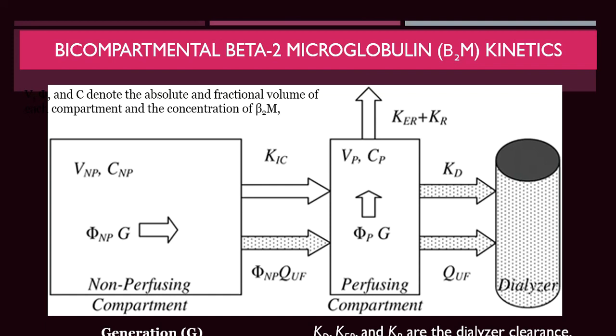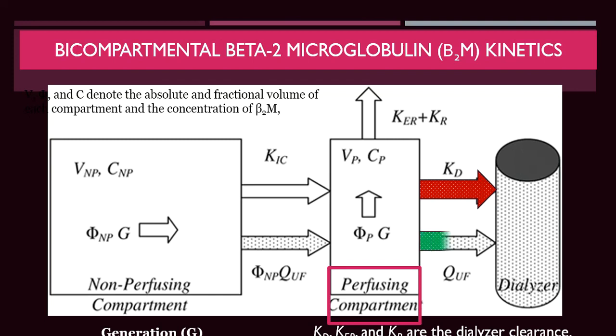The bicompartmental kinetics includes a perfusing compartment that is removed from the blood through the dialyzers, and depends on two main factors: the clearance of beta-2 microglobulin by the dialysis membrane, high flux and superflux, and the KUF. Once you increase the ultrafiltration rate of the dialysis, like in HDF, you remove much more beta-2 microglobulin.